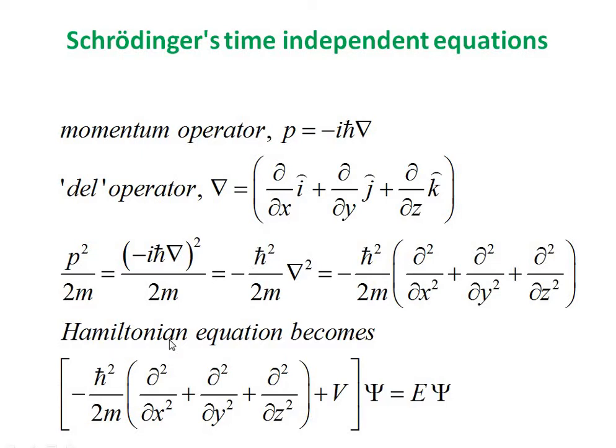Now the Hamiltonian equation H psi is equal to E psi, where H is p square by 2m plus V, will be replaced by this del square operator acting on psi equal to E psi. Here keep in mind the momentum is replaced by an operator minus i h cross del.